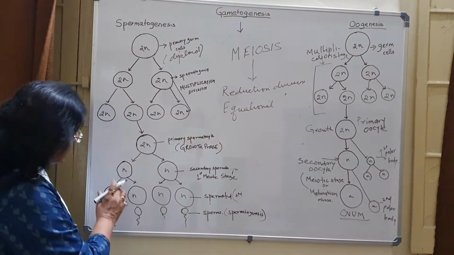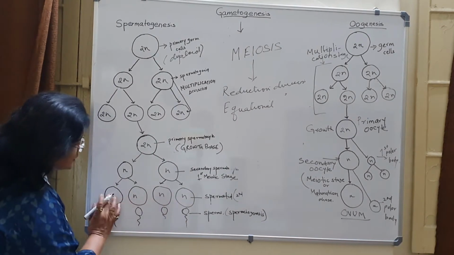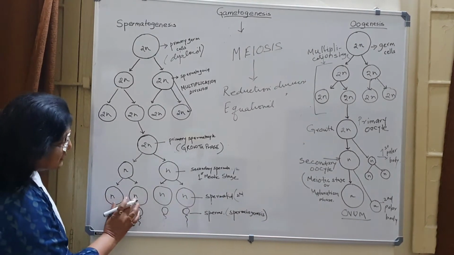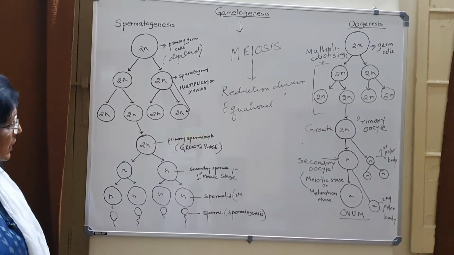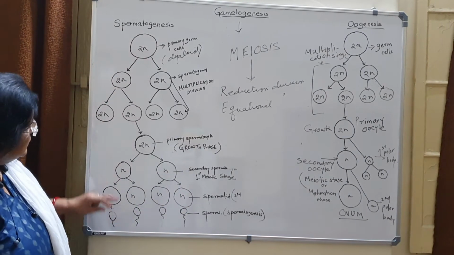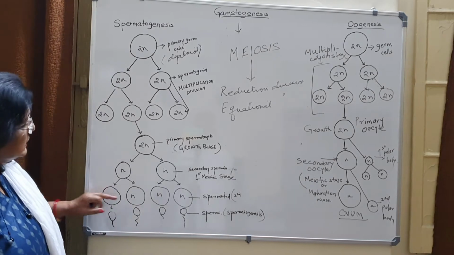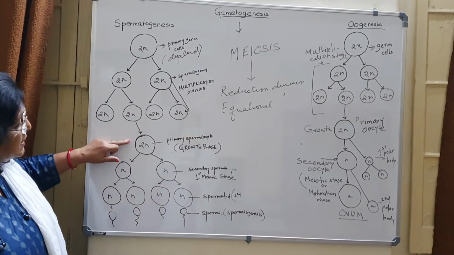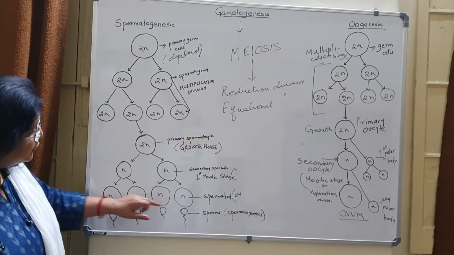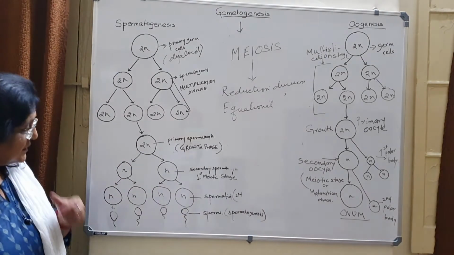So we can see here there are 4 cells and they all contain the same number of haploid chromosomes. So at the end of the first stage of spermatogenesis, spermatids are produced and they are 4 in number. A single cell is able to produce 4 spermatids.